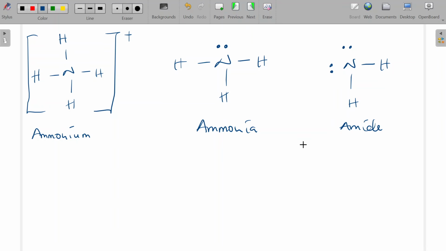Say it like this. Okay, so now in this case they ask you to find the bond angle of this one. Anyone? 109.5. This one?